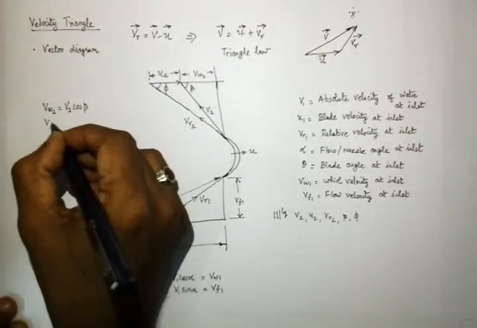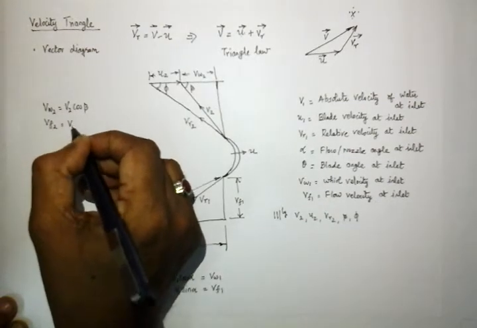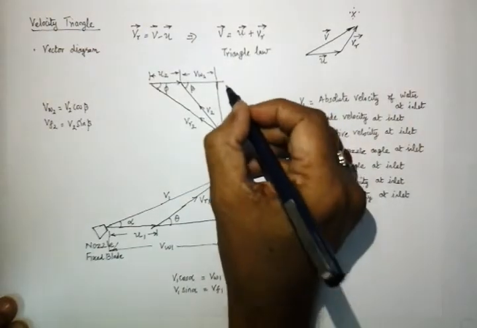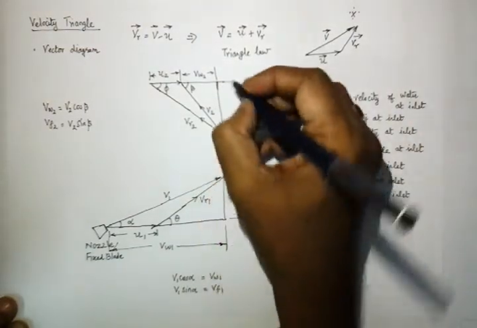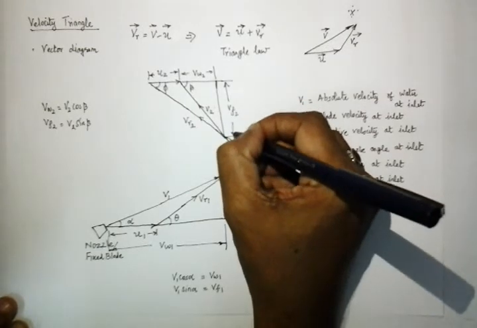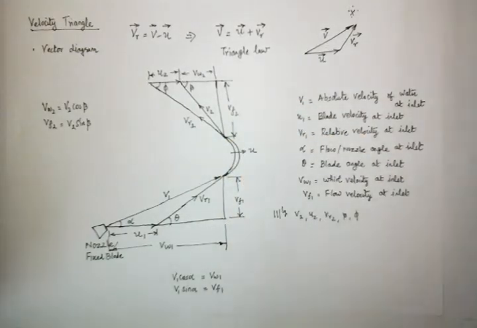Similarly, the flow component at outlet is VF2, which is equal to V2 sin beta. That could be represented here as VF2, from here to here. Is that okay? So this is how the velocity triangle could be developed.